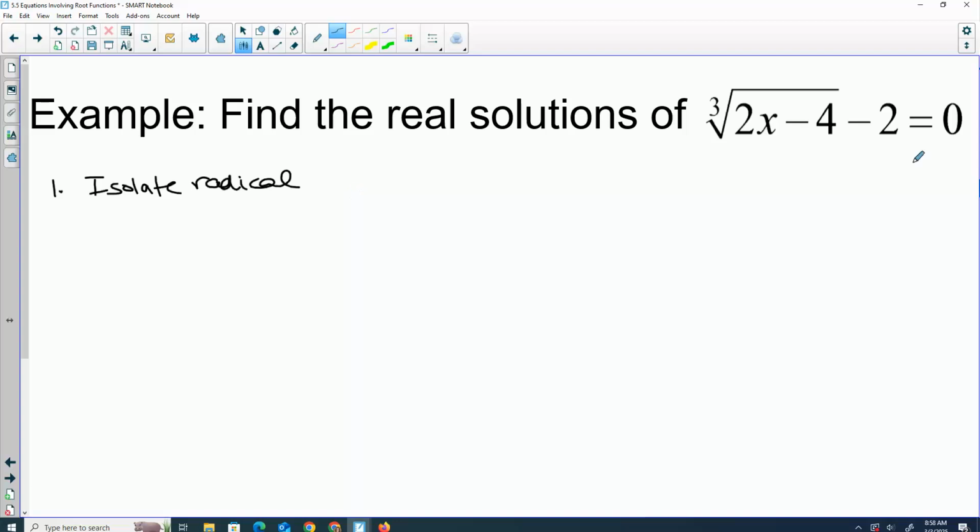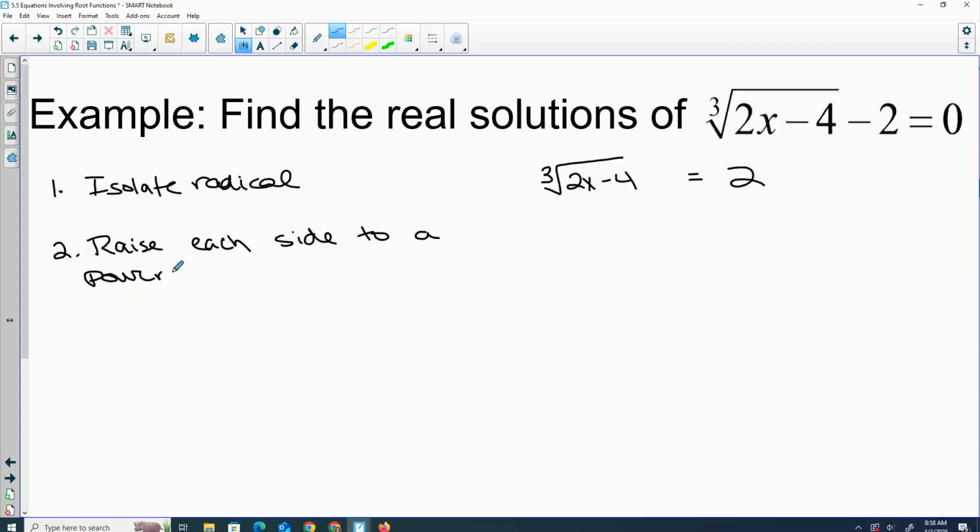So, if I want to get this cube root by itself, what would I have to do? Add the 2 over. Second step is raise each side to a power, to cancel the radical.